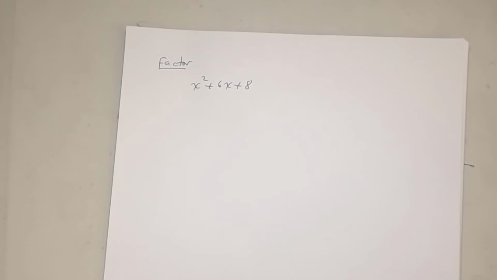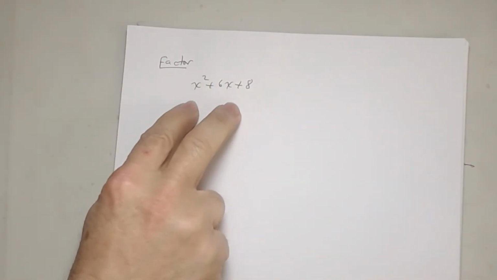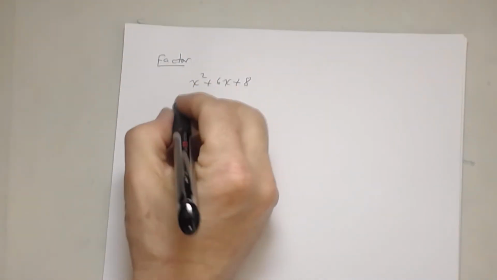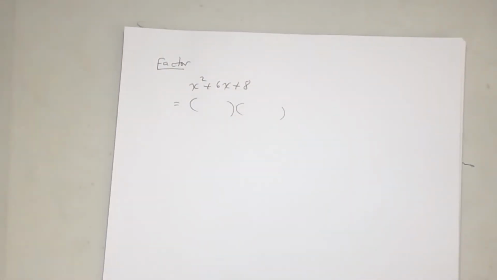One of the worksheets you turned in at the beginning of this chapter was where you multiplied 2 binomials using what method? FOIL. Notice that when you multiplied it out, for the most part your answer was a trinomial. So now you're going backwards. You want to end up with your 2 binomials.